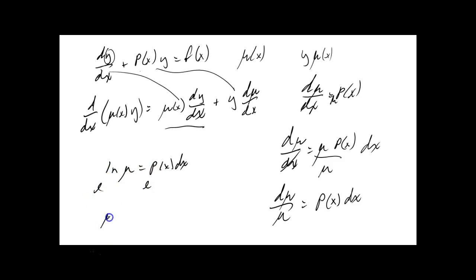So this will be mu is equal to e to the integral of p of x dx. That's what our special function mu is. I think I left off an integral there. Yes, I did, because when you integrate this, this is the integral of p. So mu of x is e to the integral of p of x dx. That's your special function, mu, that you're going to multiply everything by.